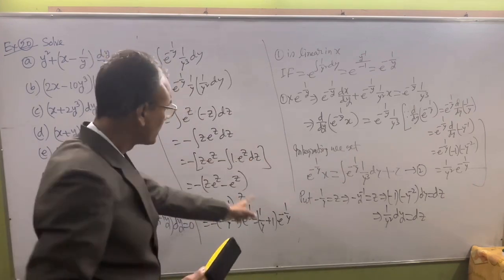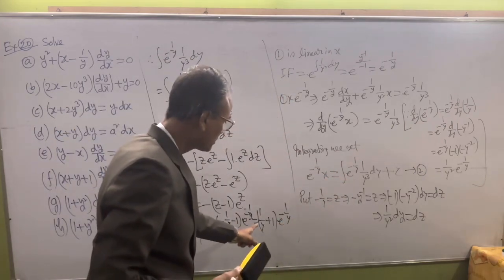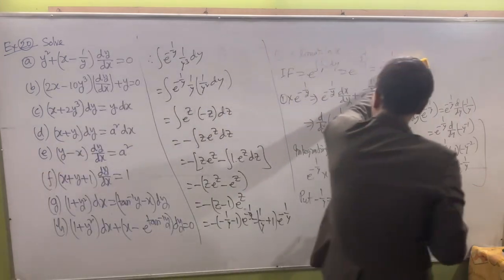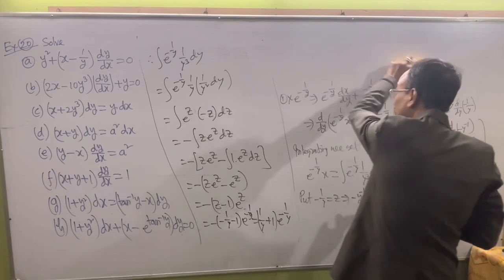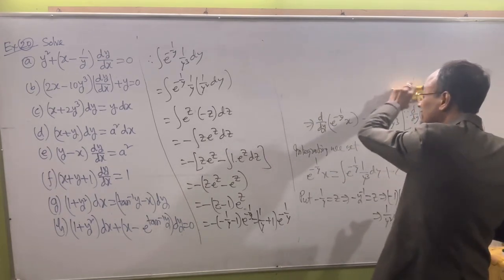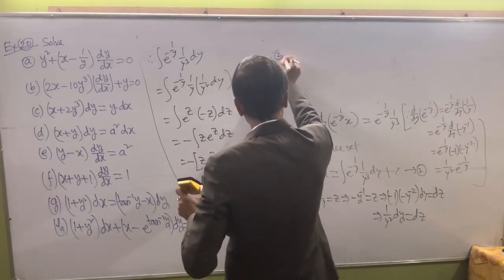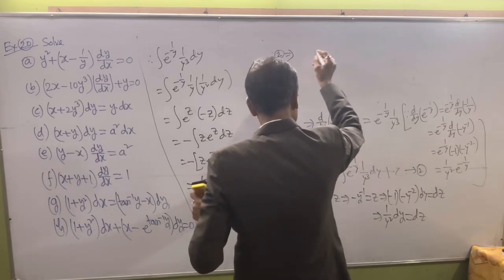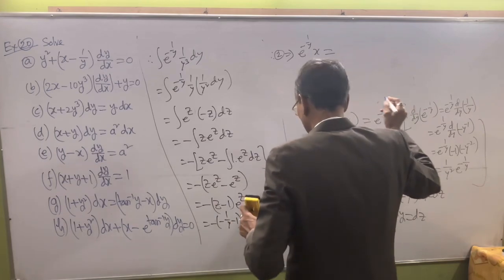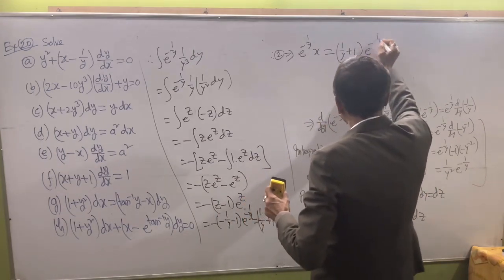Therefore, the integration of this, we have got 1 by y plus 1 e to the power minus 1 by y. Therefore, e to the power minus 1 by y x is equal to 1 by y plus 1 e to the power minus 1 by y.